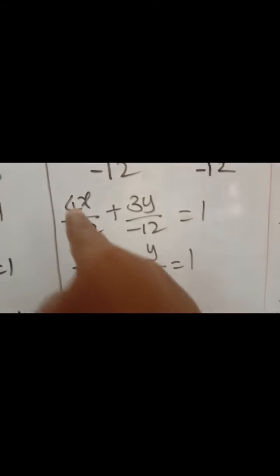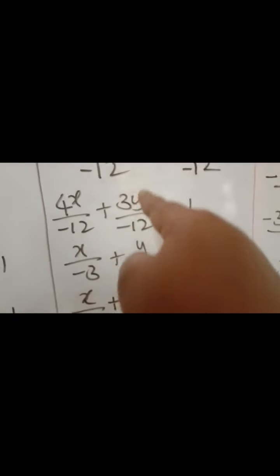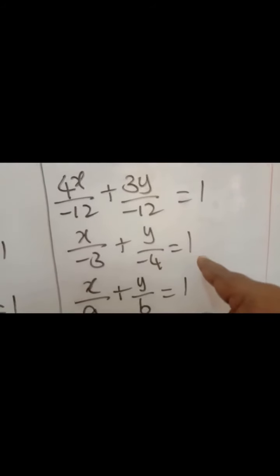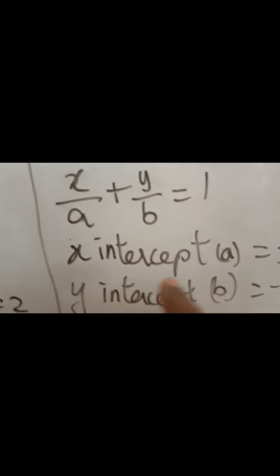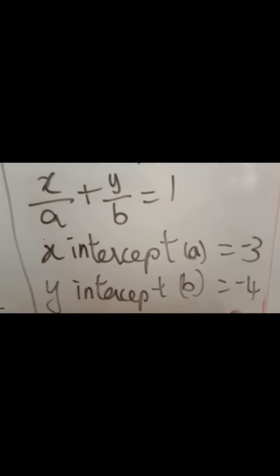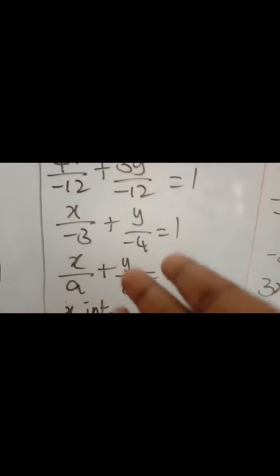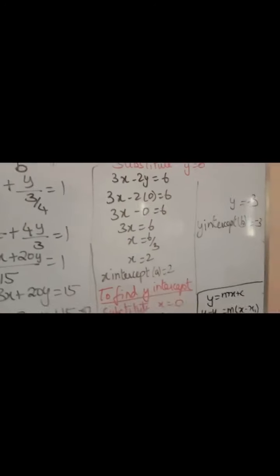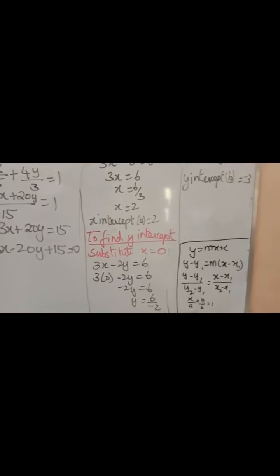Now, x by, simplify this, we will get minus 3 plus y by minus 4 is equal to 1. Now, it is in the form of x by a plus y by b is equal to 1. So, a is minus 3, b is minus 4. That is x-intercept minus 3, y-intercept minus 4. So, either we can use this method or this substitution method also we can use, but kindly be thorough in both the methods.